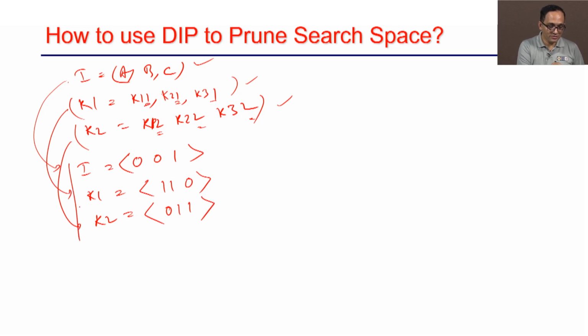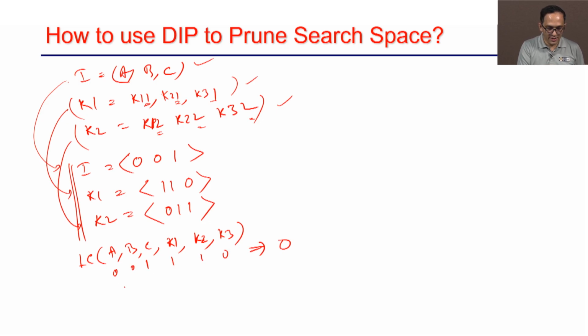So, under these values, if you think about the locked circuit, it has A, B, C inputs, and K1, K2 and K3, right. If I give 0, 0, 1 here and K1 with value 1, 1, 0, let us say my output is 0, and if I give the input 0, 0, 1 and the key 0, 1, 1, let us say my output is 1.